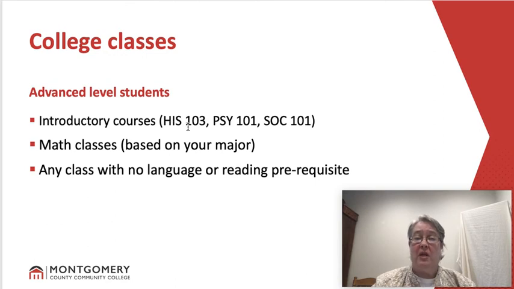You might be taking History 103. History 103 is a college level course, but you'll be in your ESL composition and reading classes, and that will help you with the vocabulary and the writing that you need to do in that class.